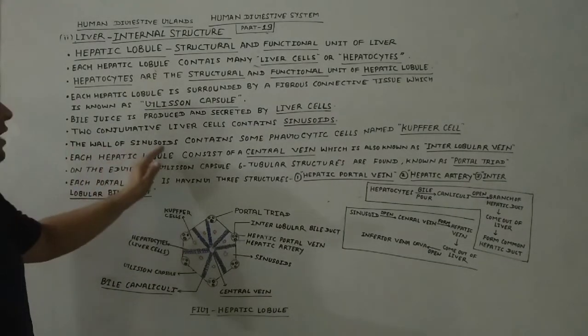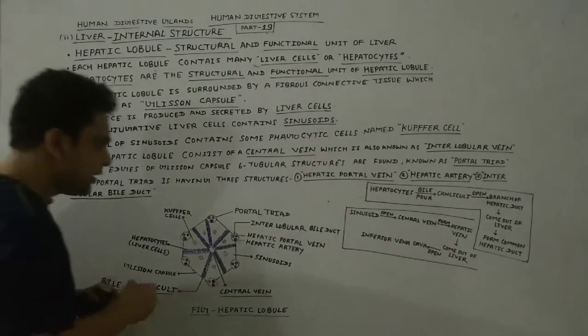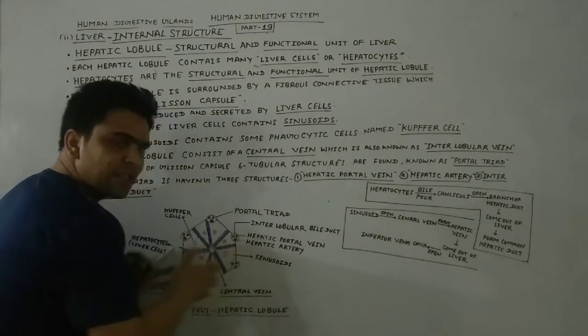The wall of the sinusoids contains some phagocytic cells named Kupffer cells. You can see here, students, this is the wall of the sinusoid. This is empty space.